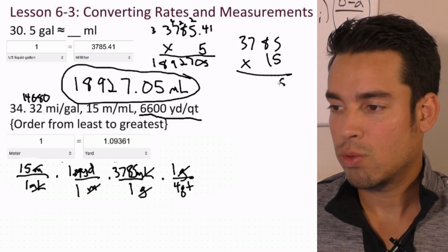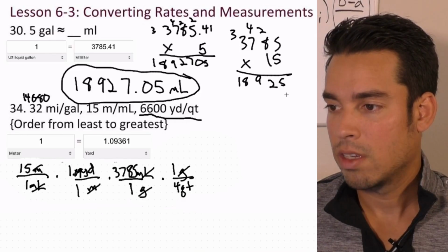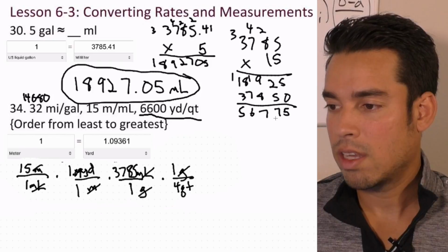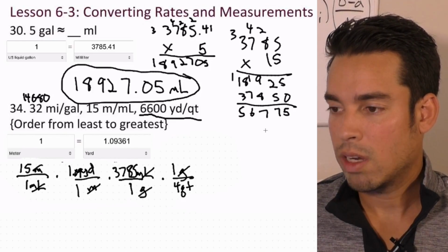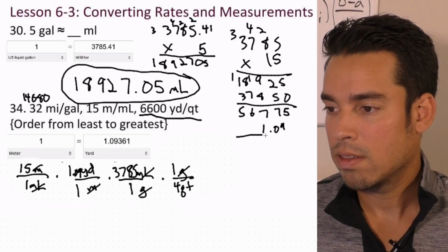So 5 times 5 is 25, and so on, carrying as we go. That's these two guys multiplying each other. Then we got to multiply this by 1.09.